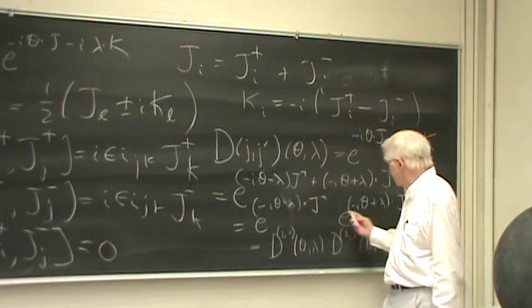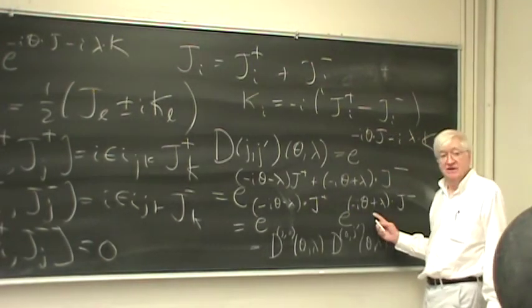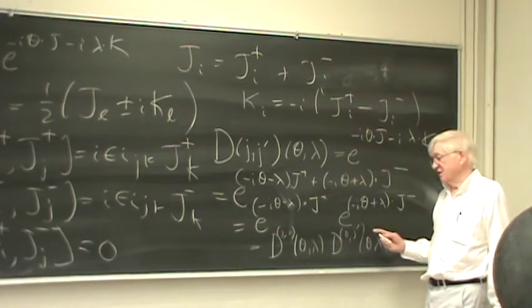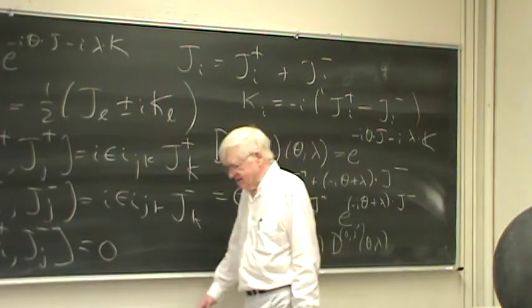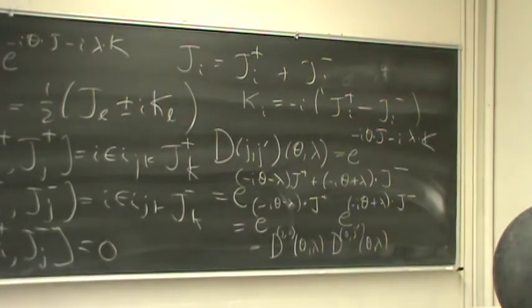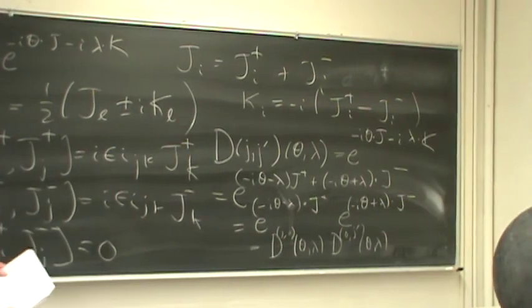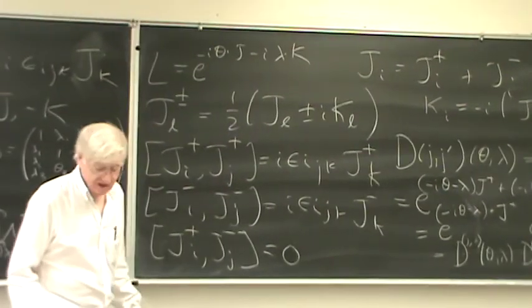And so when the lambdas are non-zero, these are non-unitary. So they're no longer identical to the representation of the rotation group, but they're very, very similar to those representations. Well, I'm really out of time.